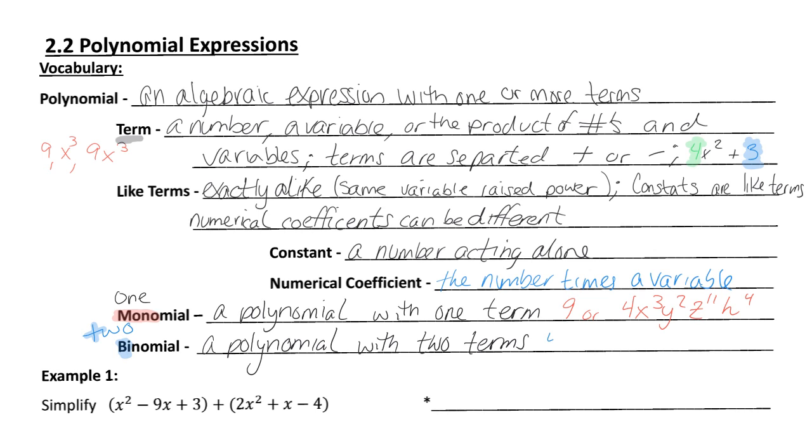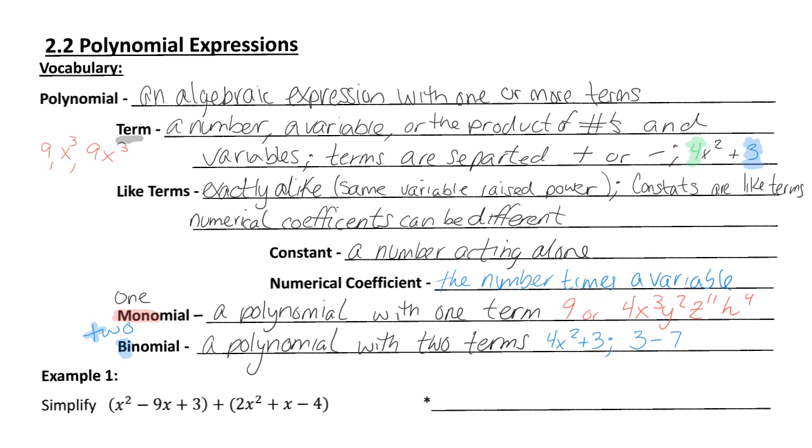So again, an example would be like 4x squared plus 3. So that's 2 terms separated by a plus sign or a minus sign. Okay? Or something like 3 minus 7. Okay, those are technically binomials, because they're 2 terms separated by that addition or subtraction sign.